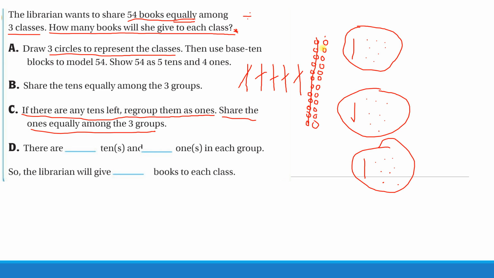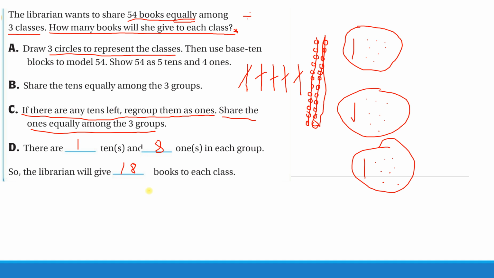I shared all 24 of them equally amongst those 3 classes. So they're all done. So there are 1 10 and 8 1s in each group. So the librarian will give 18 books to each class.